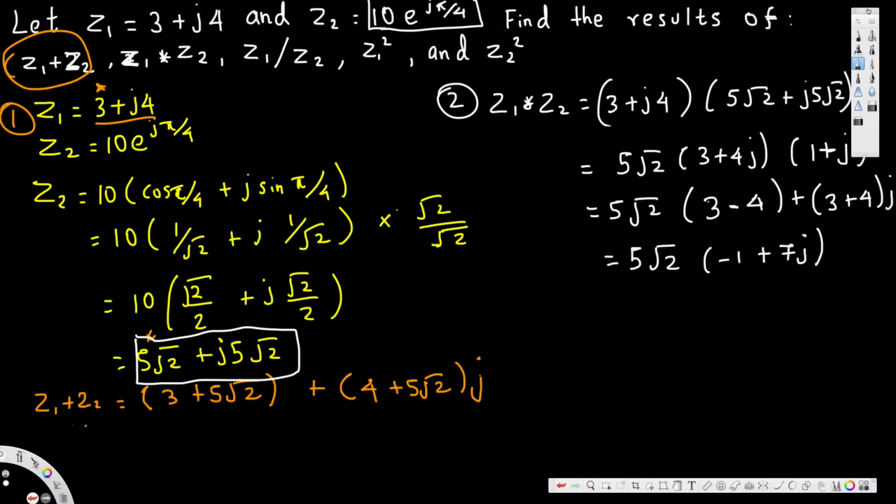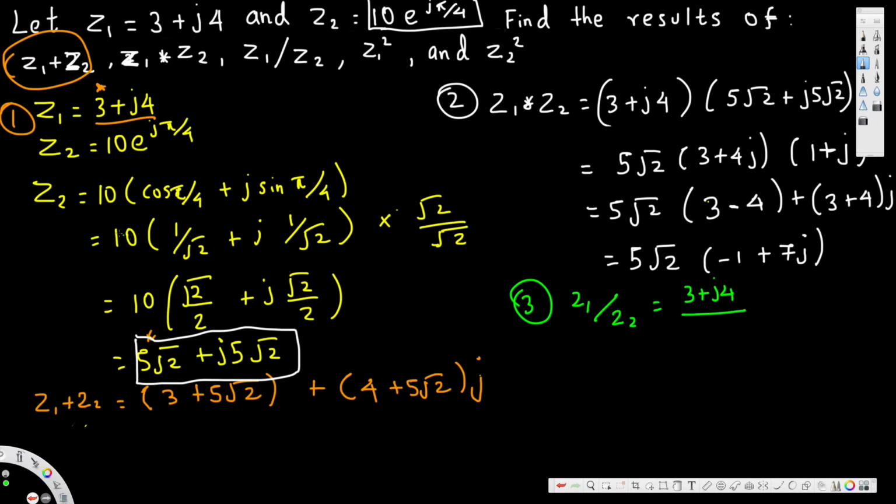Now let's look at the third one. Third one is z1 divided by z2. z1 is 3 plus j4, and z2 is 5 root 2 plus 5 root 2j.